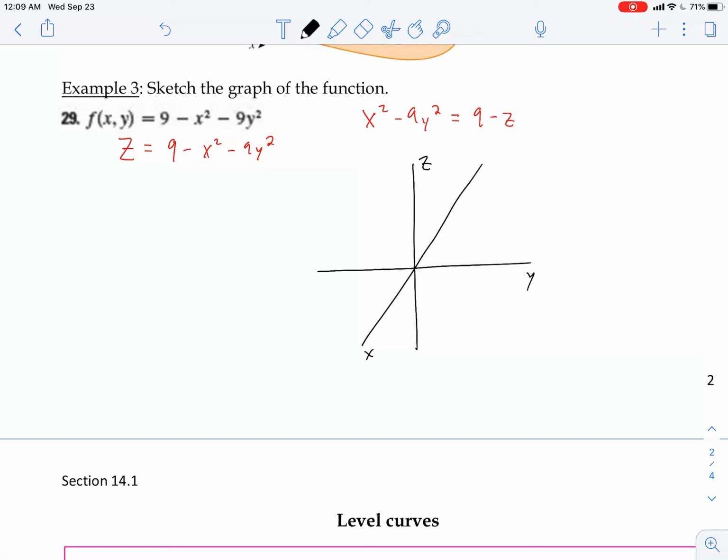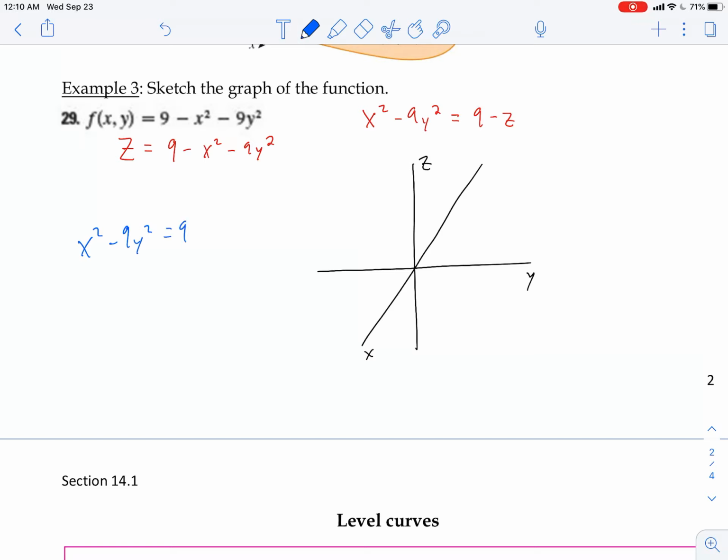One thing that I do know for x squared plus 9y squared is that if z was 0, I would have x squared plus 9y squared equals 9.